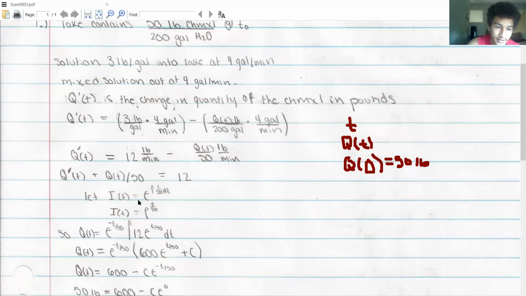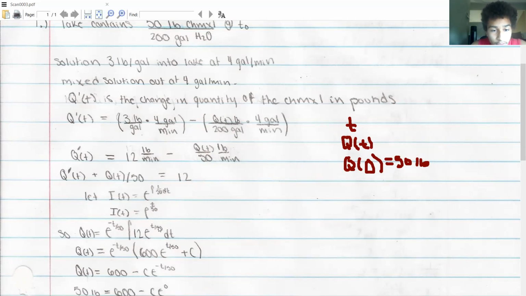So using the integrating factor method, we can define the quantity of chemical in the lake as 1 over I, which would be e to the negative t divided by 50, times the integral of the remainder bit. Okay, so this part of the linear differential equation would look like Q prime plus Q(t) with some coefficient equal to P(t). So we're taking the integral of P(t) times I(t).